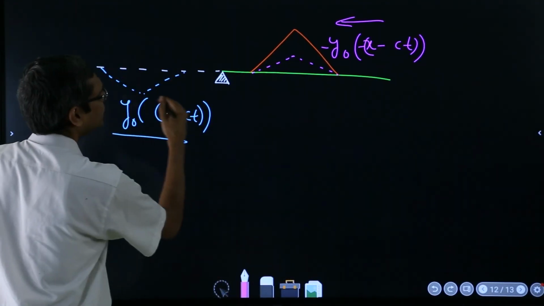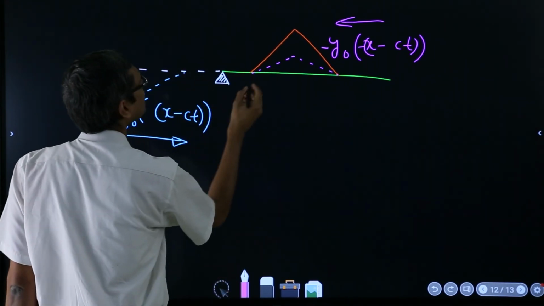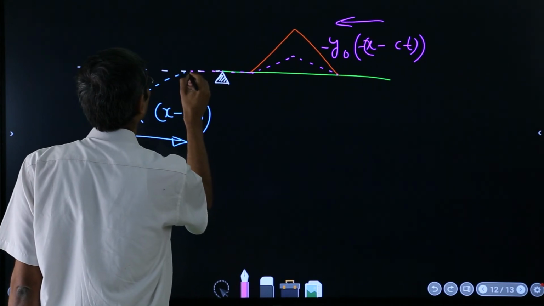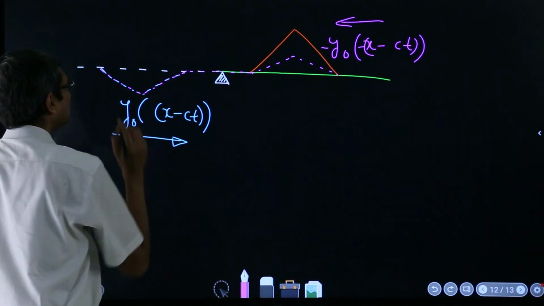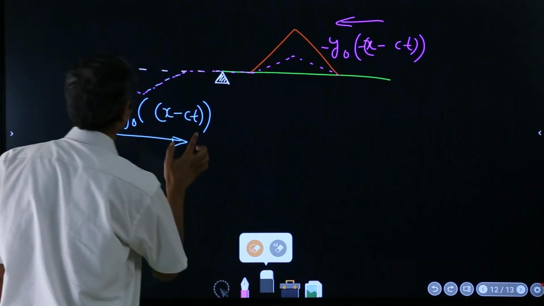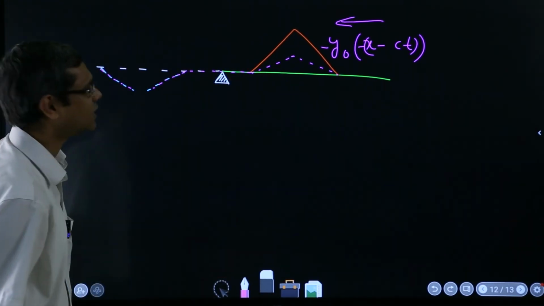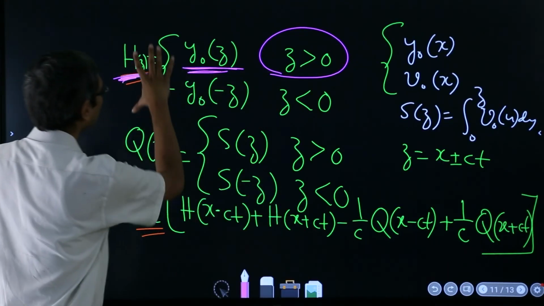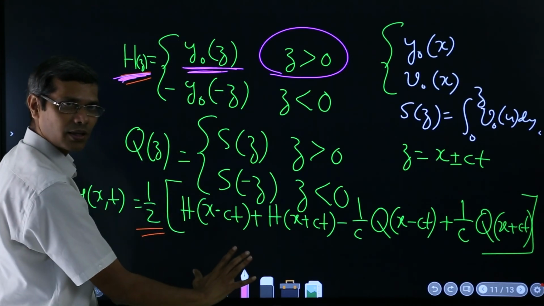Now this full thing I should have drawn with a single color. This one, then it comes here and it goes here like this. So this is a single function which basically is this h and half of that.